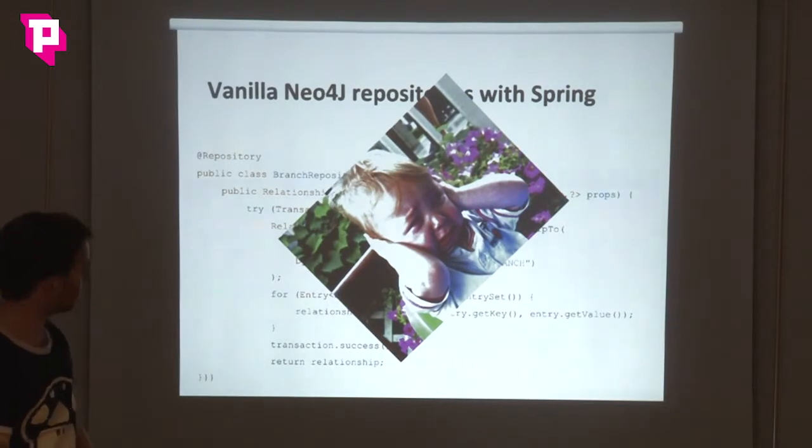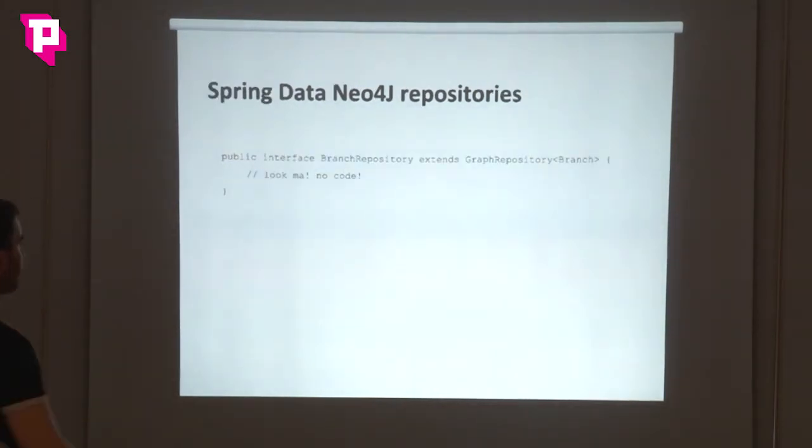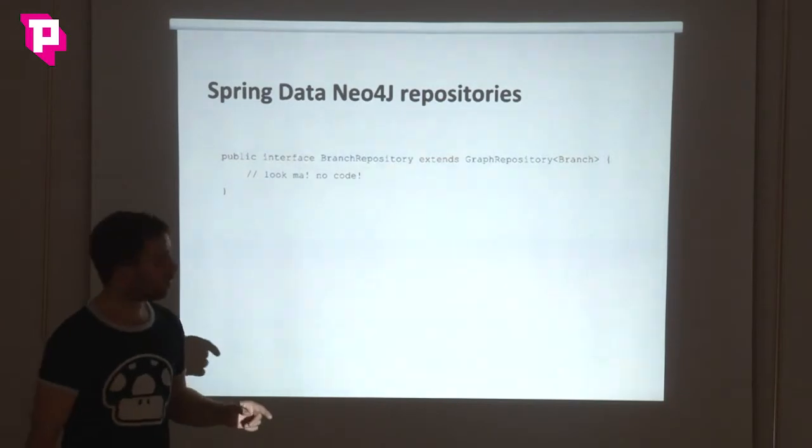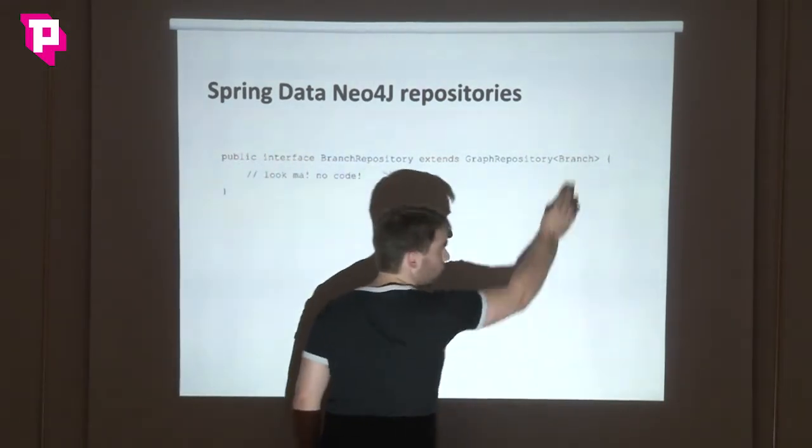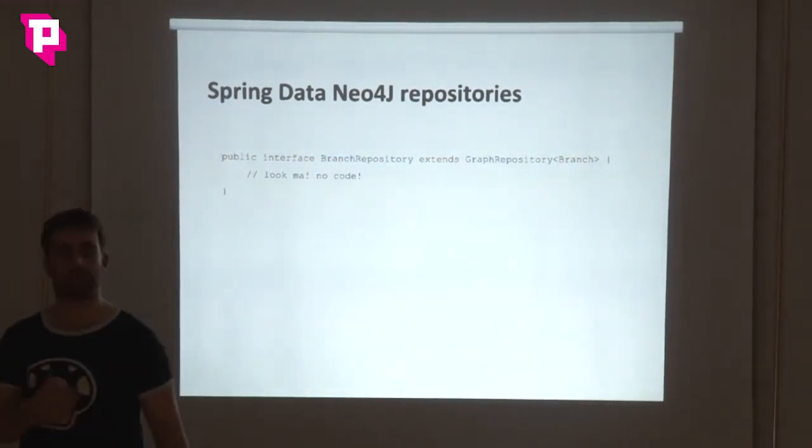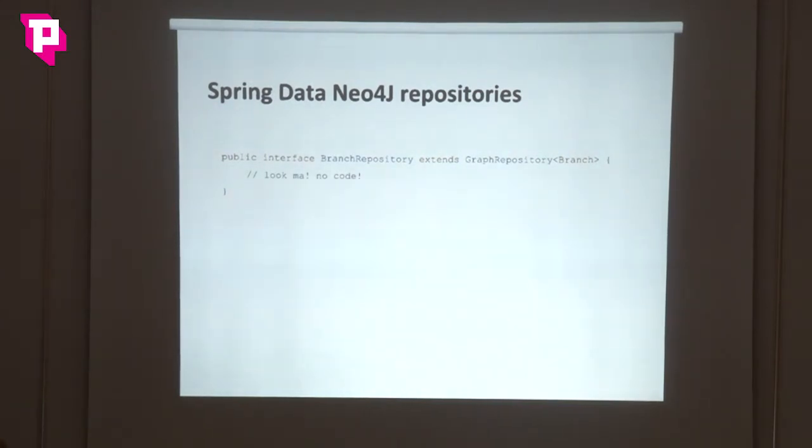So let's see how you can use Spring Data. That's it. Just have an interface and no code, and you have all basic operations on your graph. And what's very important, you can see here there is a branch. And what is a branch? It's a business entity. It talks my business. It doesn't denote a relationship. When I'm working with my clients, they absolutely don't give a damn if I'm using a graph database, a text file, or I don't know what. They don't care. They don't want to see that.